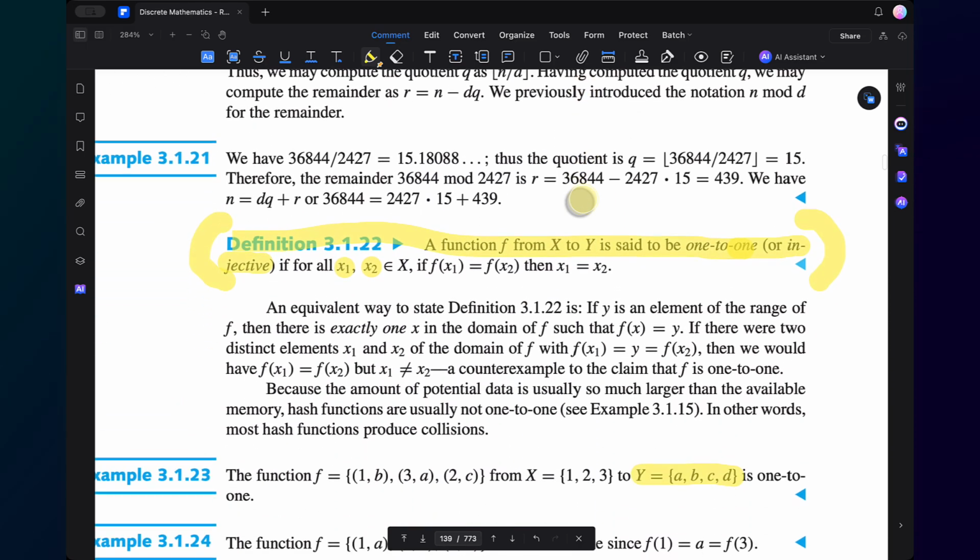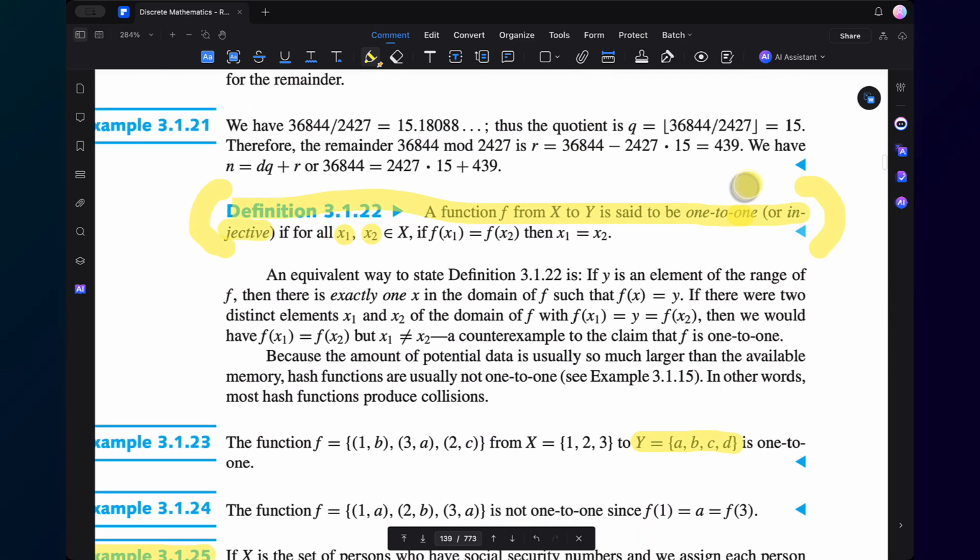Obviously we're going to very much need to know the concept of a one-to-one function. A one-to-one function is the same as you've heard many times in your educational career: if you're given two numbers, x1 and x2, then f of x1 equals f of x2 only when x1 is equal to x2.